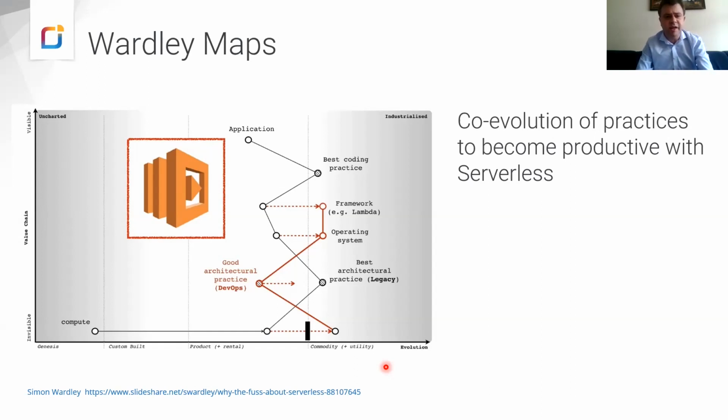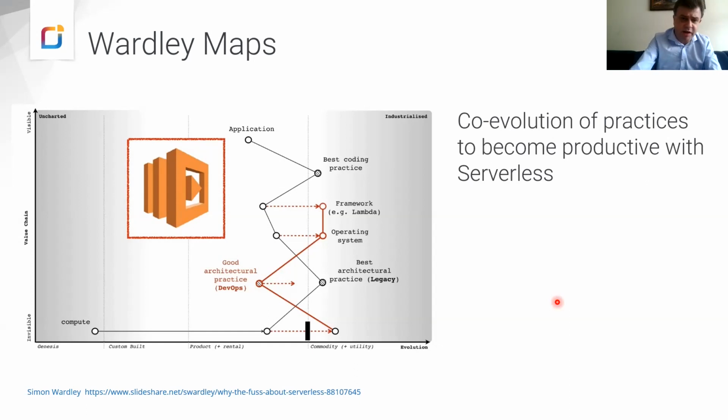Everybody can use this, but in order to be successful, you have to follow what Simon Wardley calls co-evolution of practices, to become productive with this. Think about it: if you are using a NoSQL database and then doing things the old way, like you did with a relational database, you won't be successful.